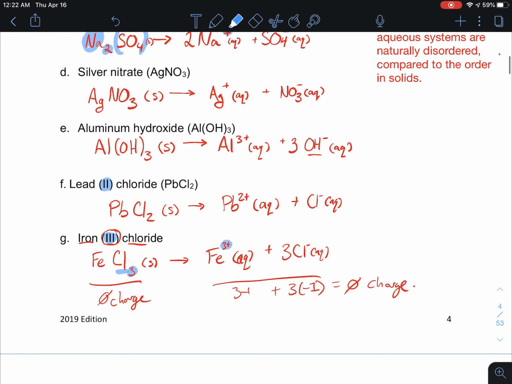On the left and right, usually we need to have 0 charge. So our chemical formula has 0 charge on it, and then our ionic formula, or dissolved ionic formulas, have a negative and a positive charge. Please, please, please write your phases on the line.